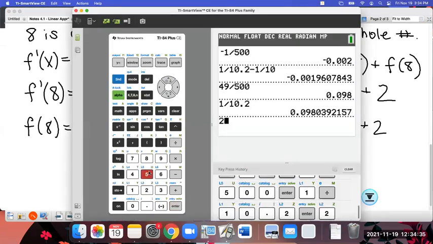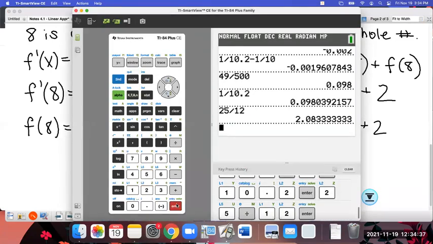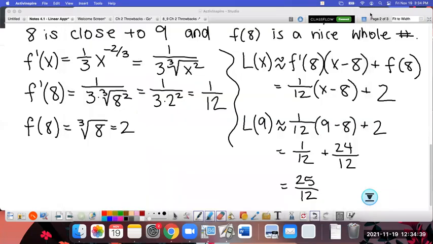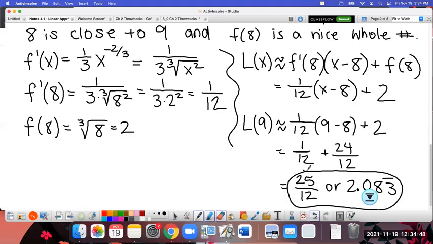Decimal version of that, 2.08333333. Okay, so let's compare our estimate to the actual cubic root of 9.